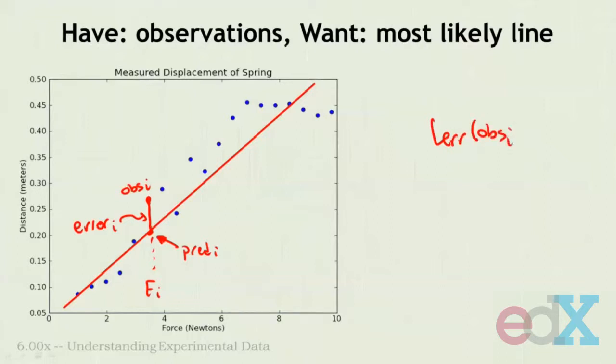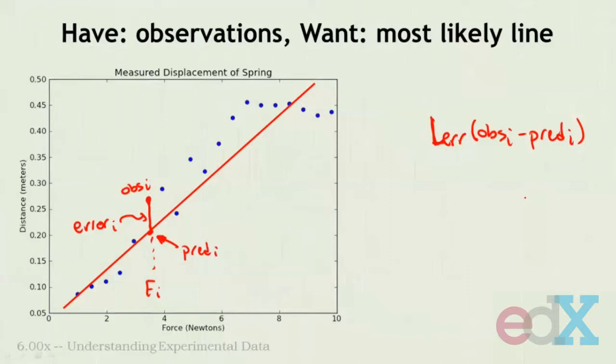So we take the ith observation and we compute the error by subtracting off the ith prediction. And so this is the likelihood here of such an error occurring. And the likelihood gets bigger the smaller the error is. We saw that on the previous slide, that small errors are much more likely than large errors.